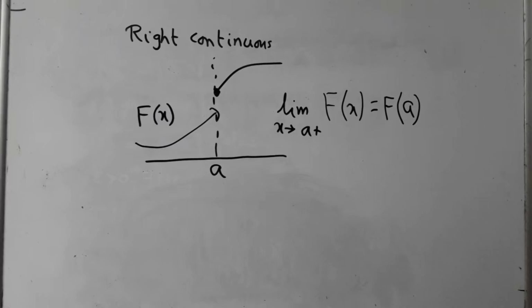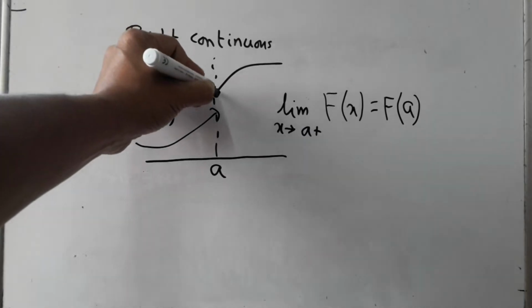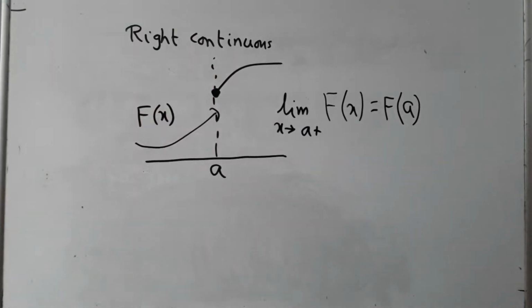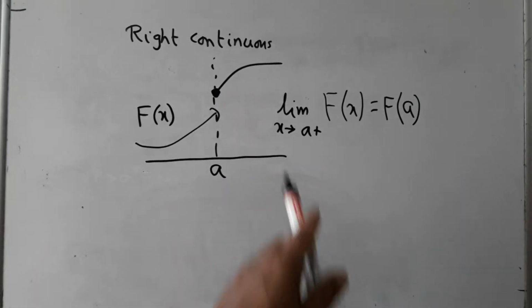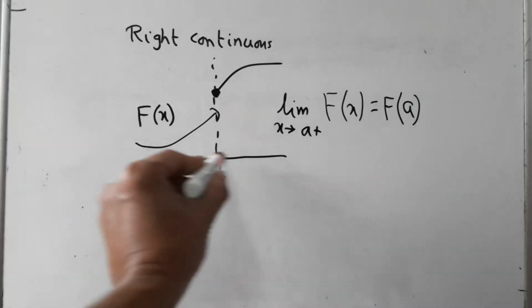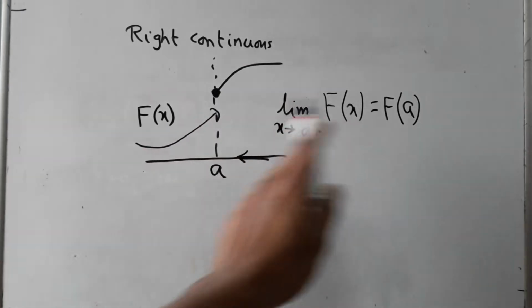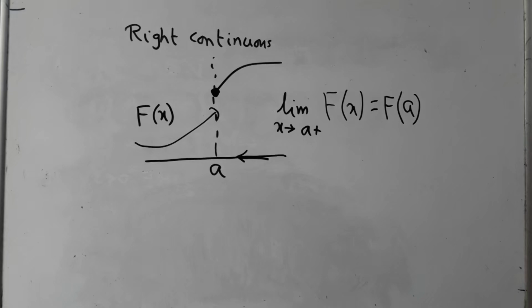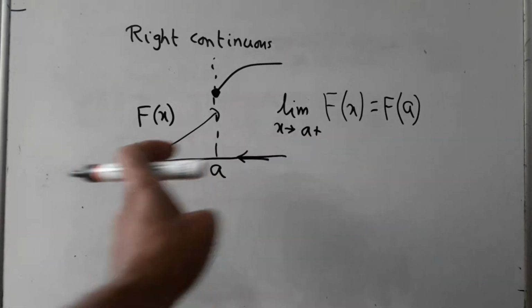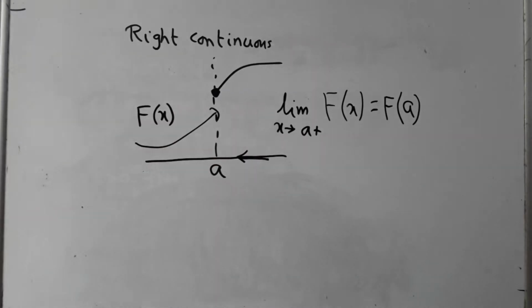One important property for univariate CDFs was its right continuity, which pictorially meant whenever there is a break, the dot is connected to the right hand end, and mathematically it meant when x goes to a plus like this, then the limit will be equal to F of a. Now in case of a bivariate or multivariate CDF, there is no clear left or right direction because we are working in the plane.